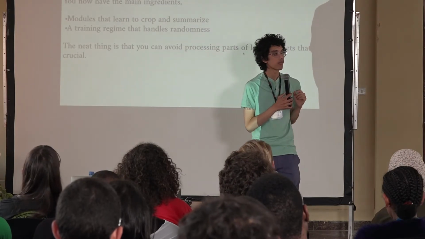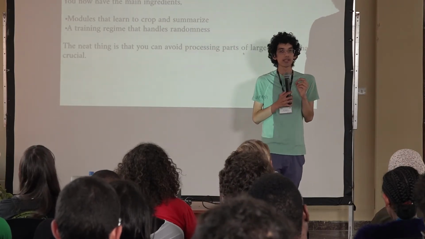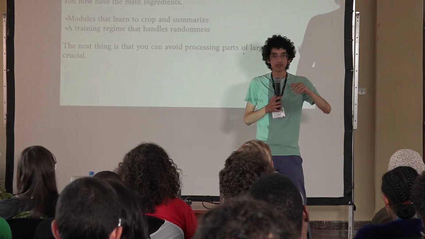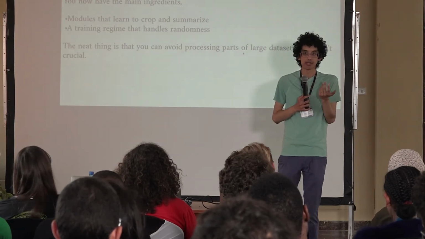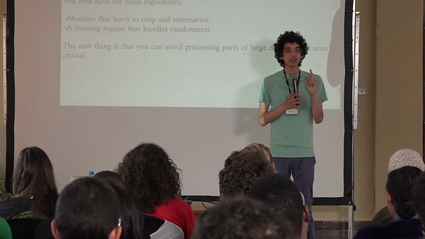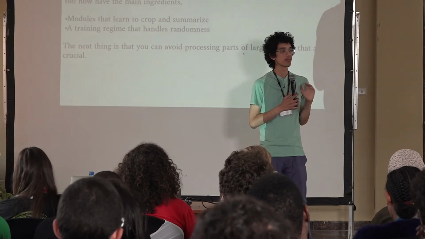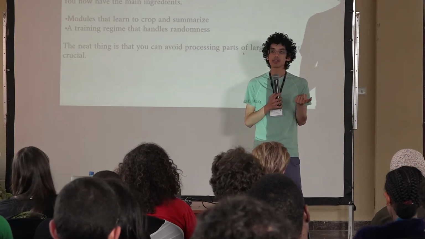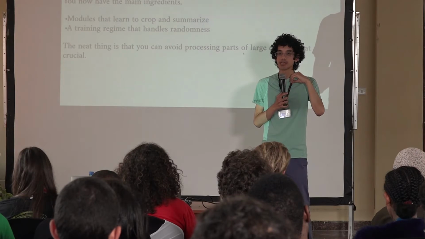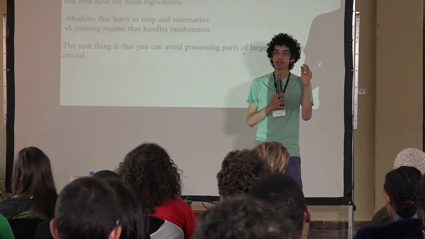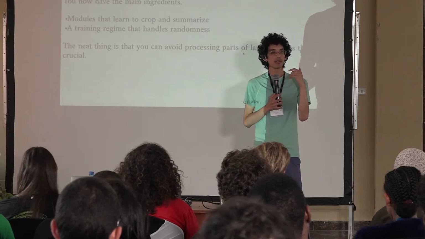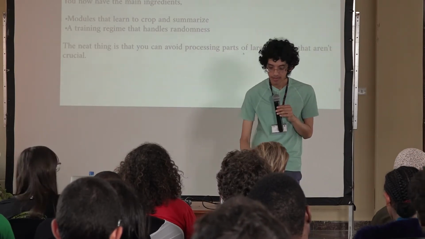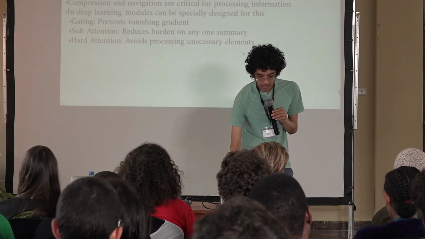And the real point I want you to remember is we've made a little bit of a trade-off. We have a much more complicated training procedure for one. But we now can avoid processing huge parts of images and input data that are not actually that relevant. So you trade off a little bit of mathematical training complexity in favor of huge computational benefit. And that's the end of part one.